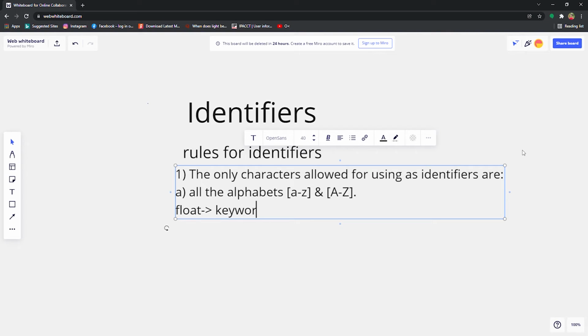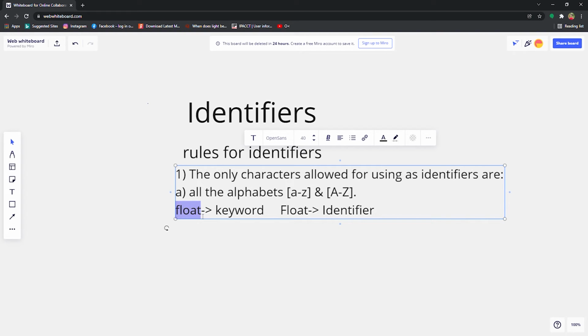Now, if I write Float with a capital F, it is not a keyword, because the float written in Java has a small f.